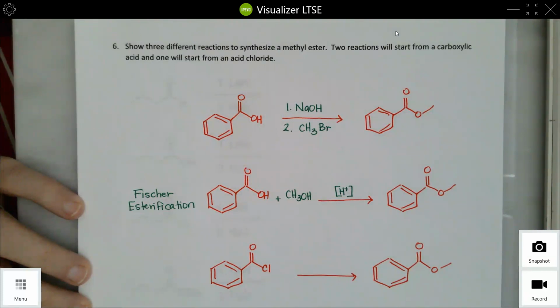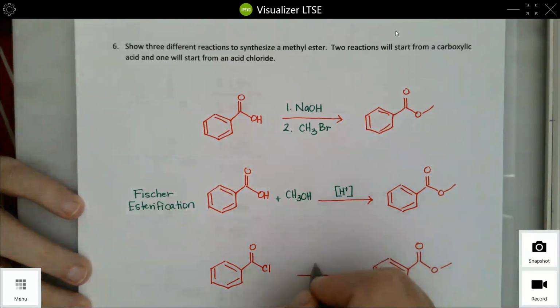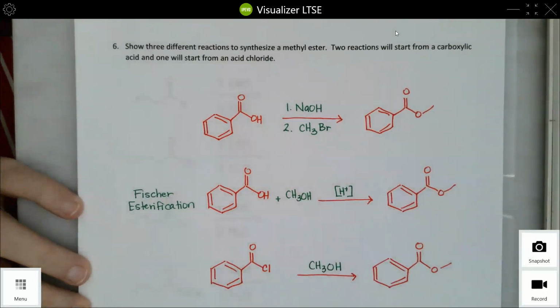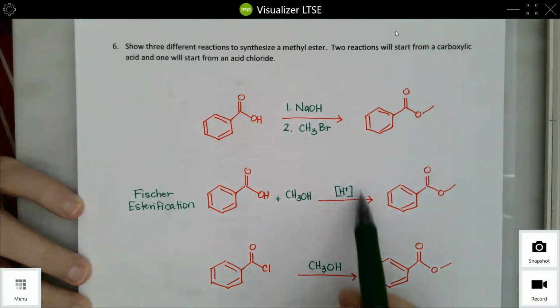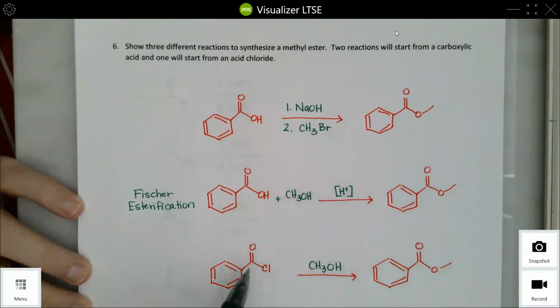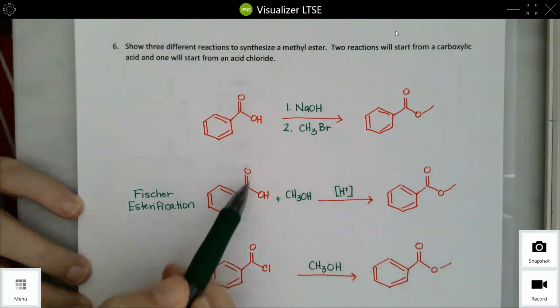And then from the acid chloride, remember that this is one of the most electrophilic carbons of the carboxylic acid derivatives. So it doesn't need a strong nucleophile to attack there. Even weak nucleophiles attack there. So methanol, even a weak methanol nucleophile, can attack there directly. We don't need an acid catalyst because this is a much stronger electrophilic carbon than this one is.